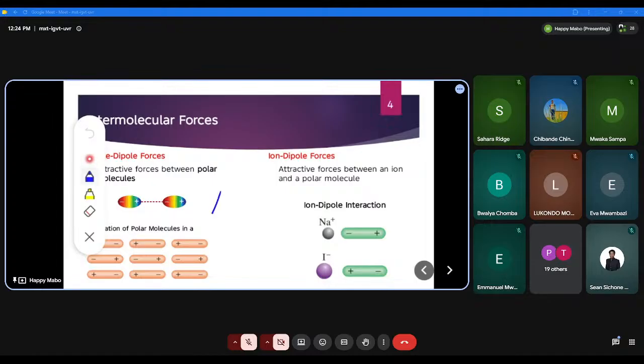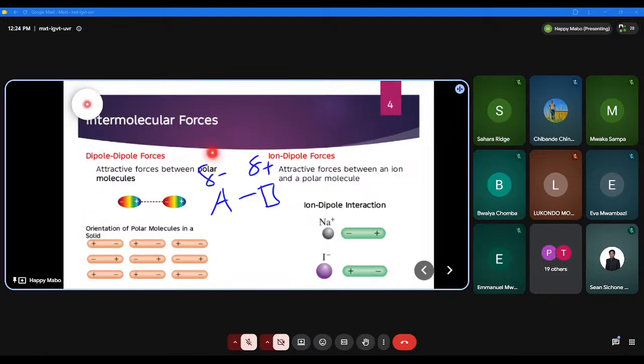If we had an atom A and an atom B connected together, and we have electrons concentrated on one side, we are going to have a structure where one part ends up with a positive charge, the other part ends up with a negative charge. The part where there's a negative charge is where the electron density is higher, and the electron density is lower here.